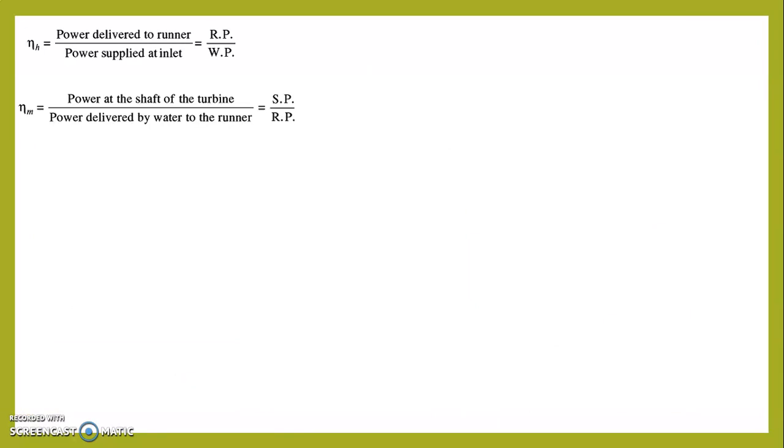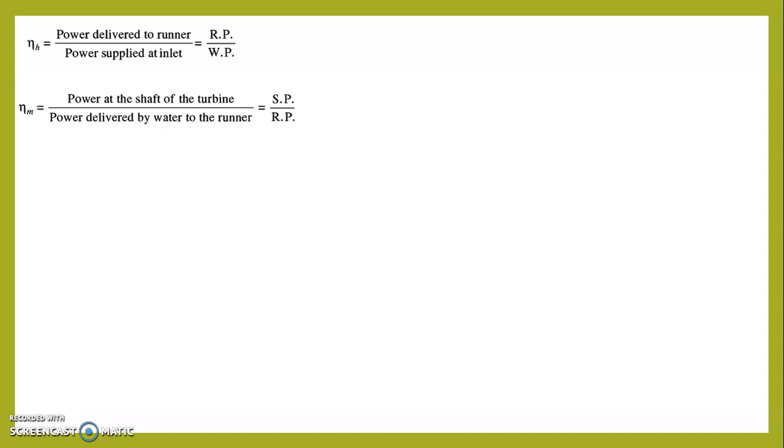The next thing we will be discussing is the mechanical efficiency. As the runner got power, the power in the runner is transferred to the generator by using some mechanical linkage, called couplings, shaft, like that. All these parts come under the mechanical category, and while transmitting the power from runner to the generator, some amount of power is lost, and that loss is called mechanical loss.